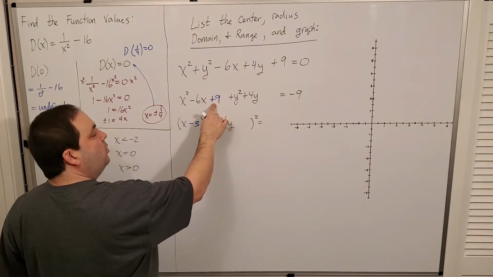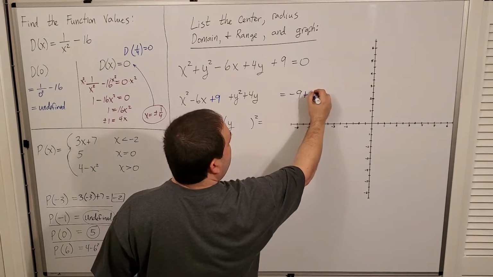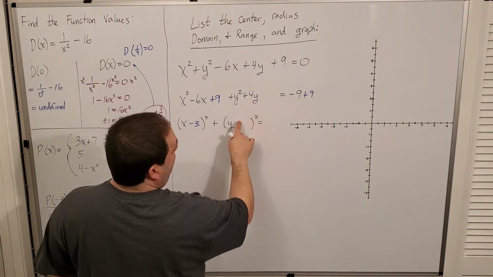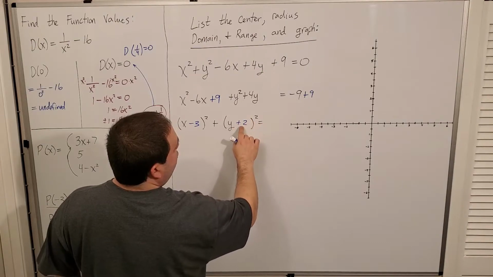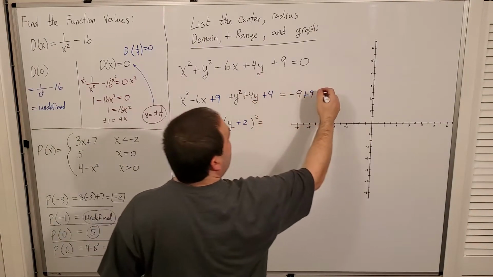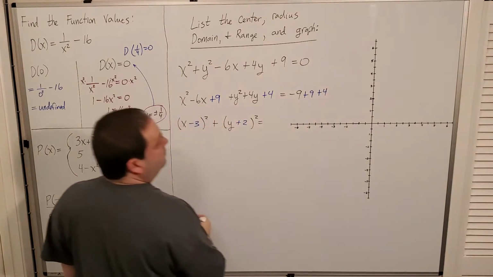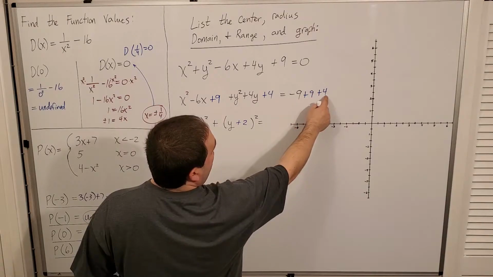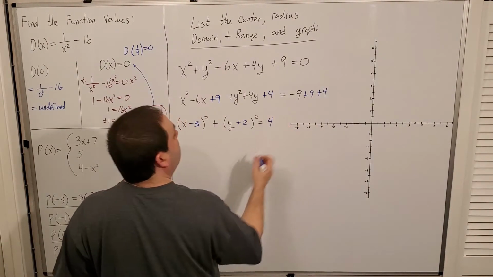If I add 9 to one side, I've got to add it to the other, plus 9 here. Next, half of 4 is 2. 2 squared is plus 4. If I add it here, I've got to add it here. Okay, then finishing up. -9 plus 9 is 0, plus 4 is 4.